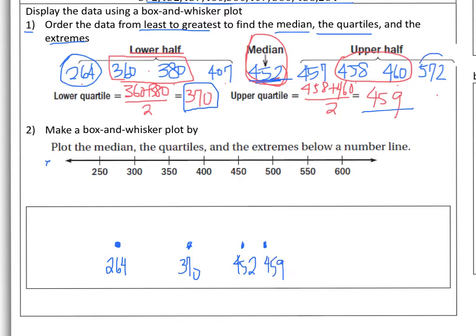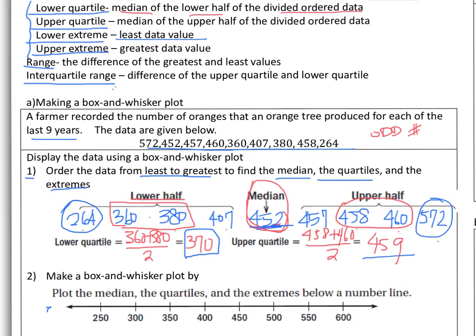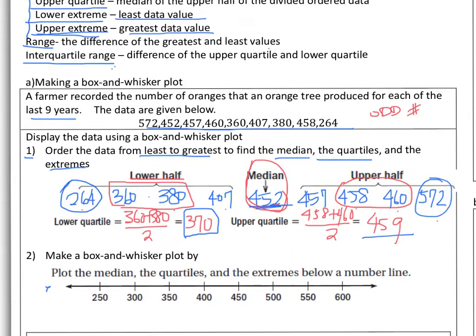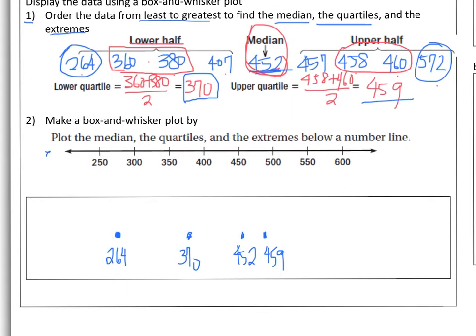And then the upper extreme, the greatest data value of the 9 numbers, 572. Now I'm ready to connect my dots. So these are my whiskers, and I'm going to draw the box. And that's my box and whisker plot.